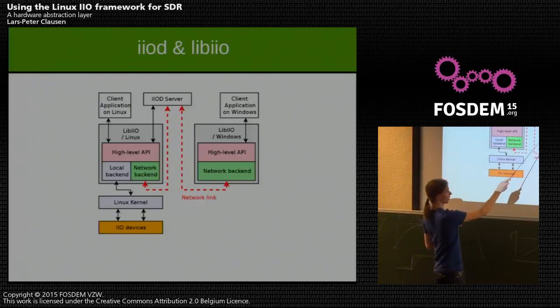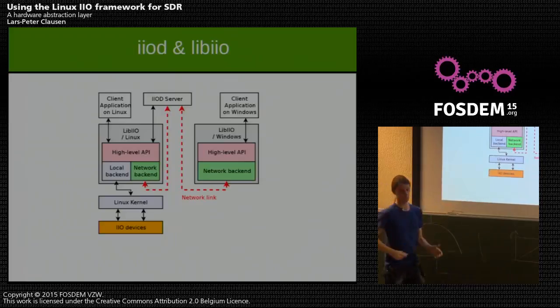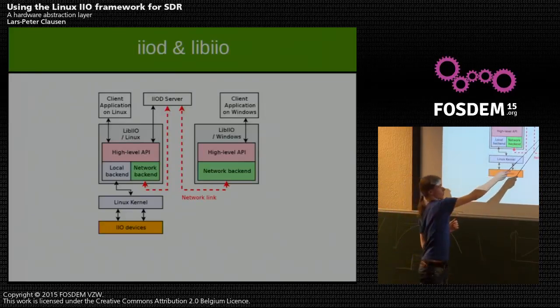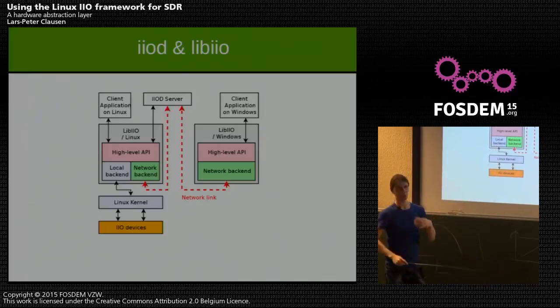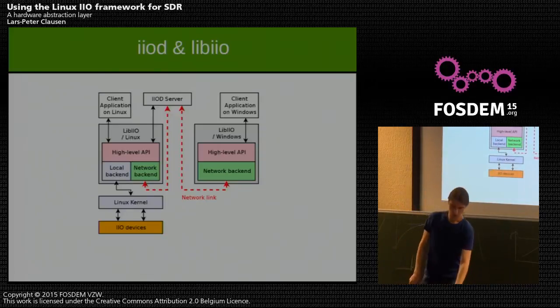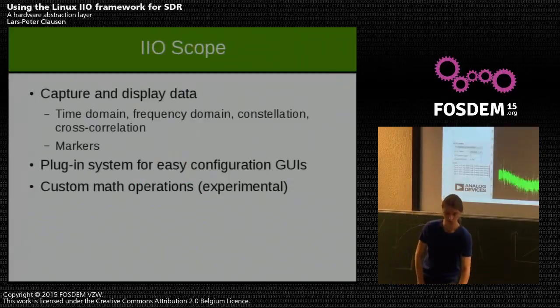And then on a remote machine, you can also use the libIO, but the network backend talks to the IOD server. The IOD server talks to the local backend, which talks to the hardware. And similar, so this application running here and this application running here can actually be the same application. And the only thing you need to specify when you run the application, okay, well, use the IO local backend or the remote backend. And I'm kind of running out of time, so I'm going to skip this.